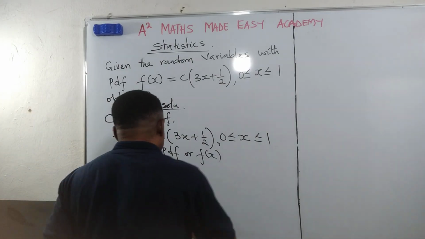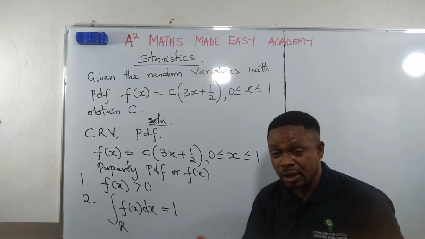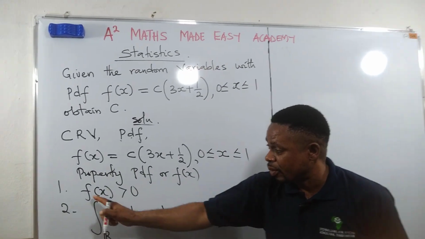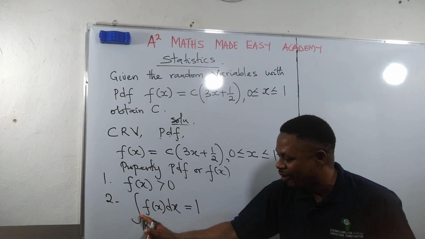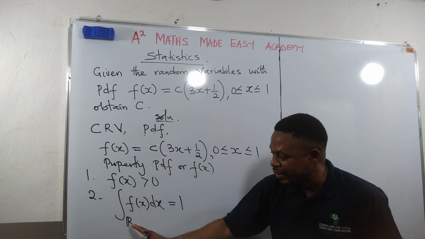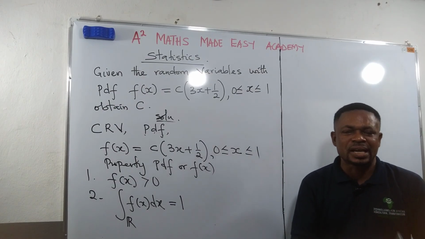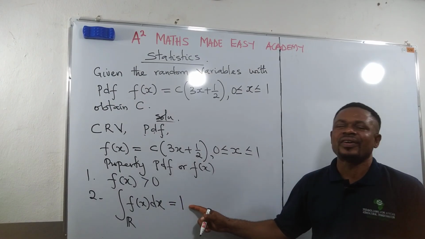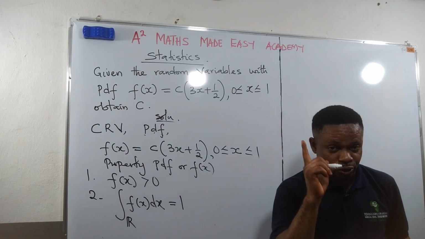Now, if they ask you to state the properties of probability density function, the properties are two. Number 1 is f of x is greater than 0. Then number 2 is that integral of f of x dx, bounded by real numbers, is always 1. What does it entail? That probability can never exceed 1. It's always less than or equal to 1.